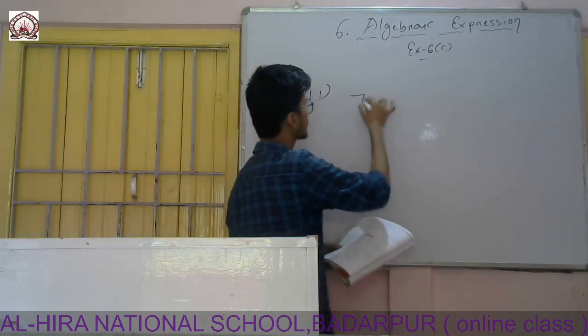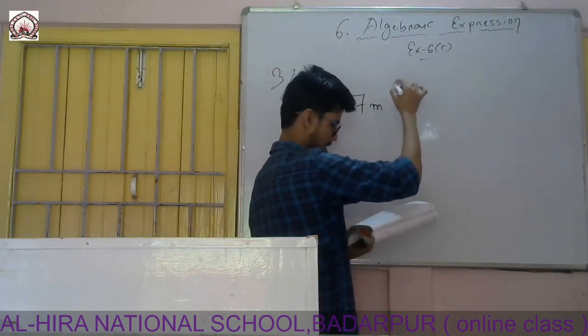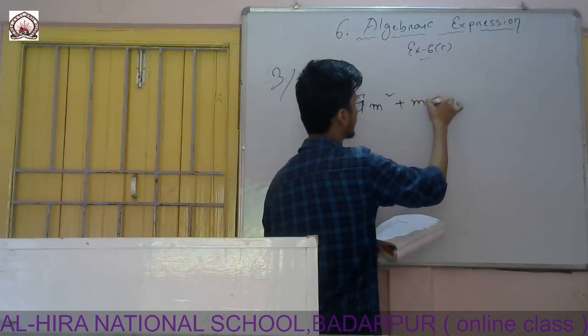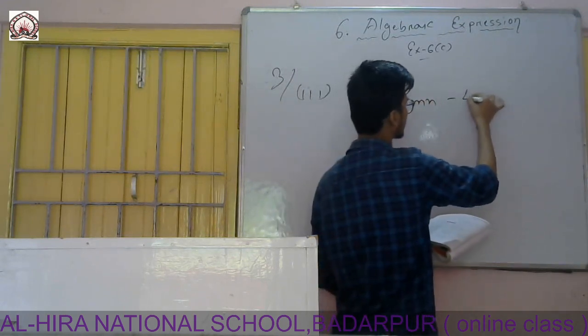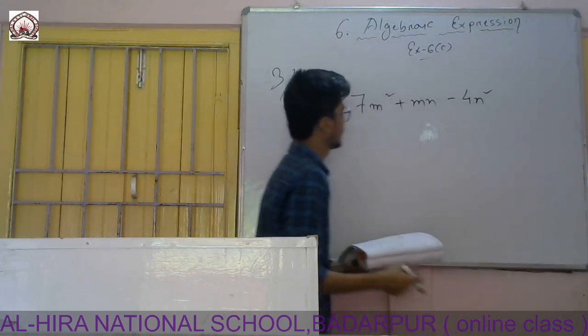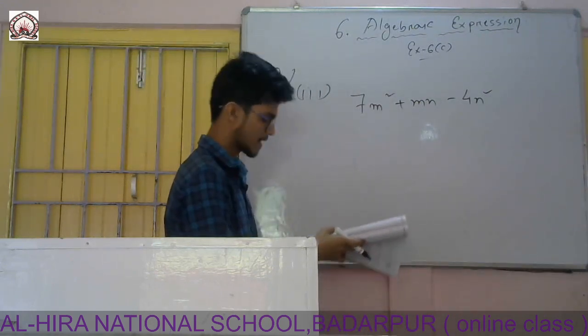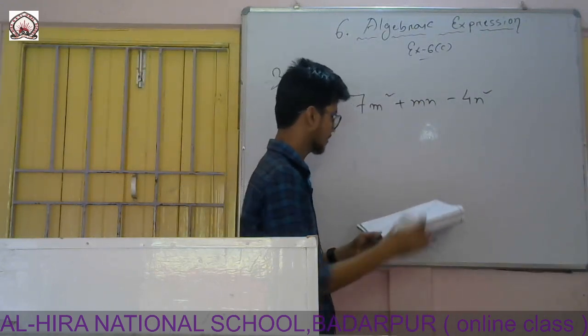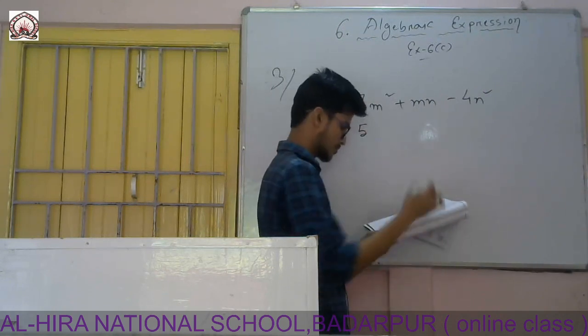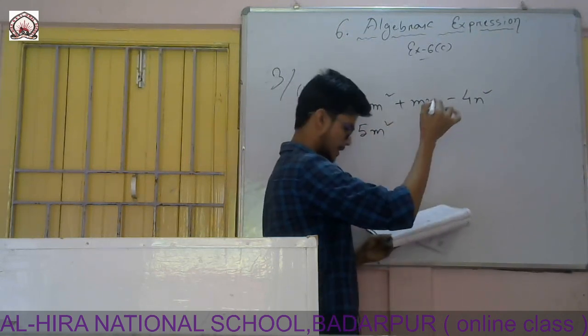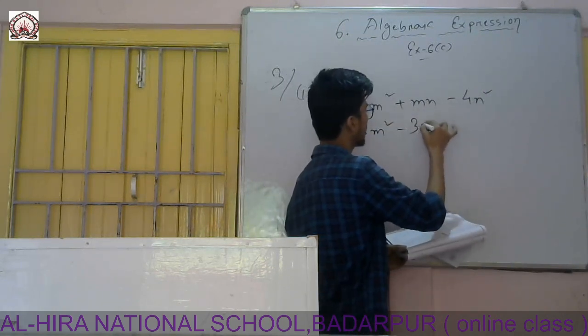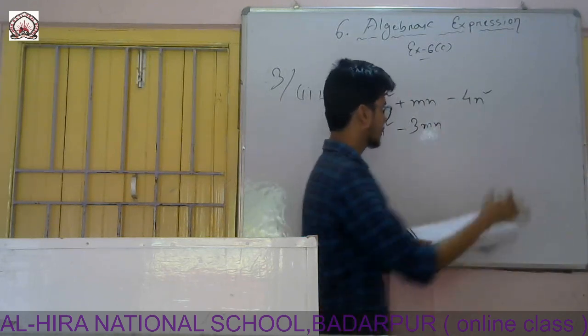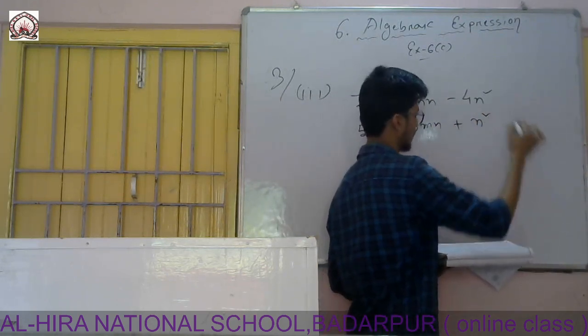Okay, so the question is given 7m square plus mn minus 4n square, and I have to subtract 5m square minus 3mn plus n square.